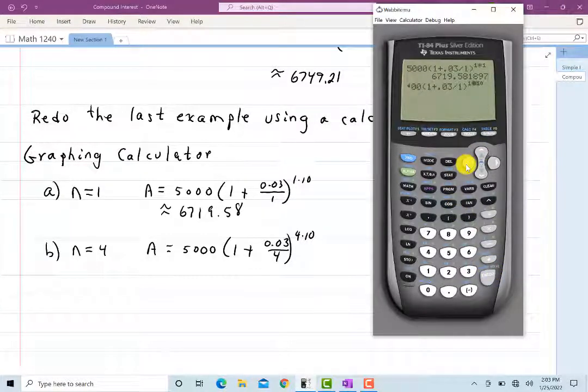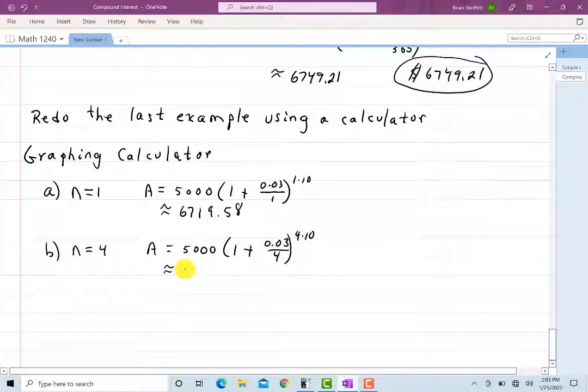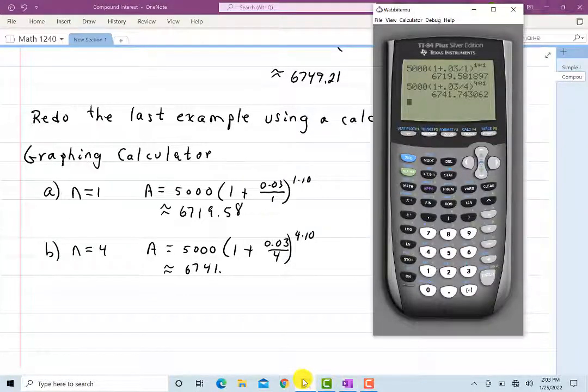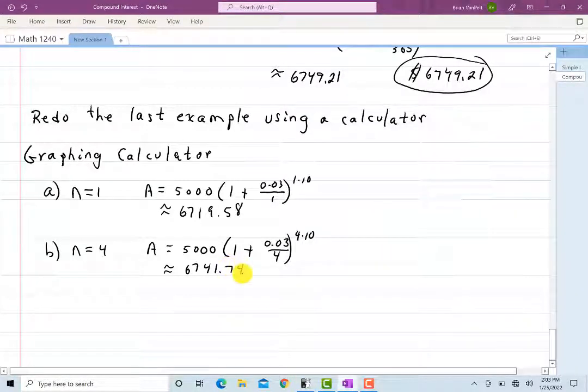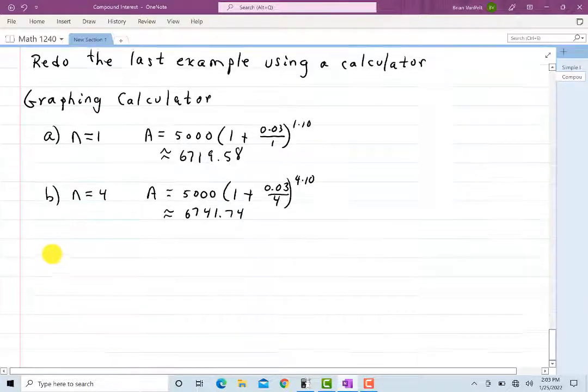So I can backspace over here where that was, and I can put a 4 there, and I can backspace down until you get to there, and then just hit enter. I get 6741.74. So I'm rounding to 2 decimal places for each case here.